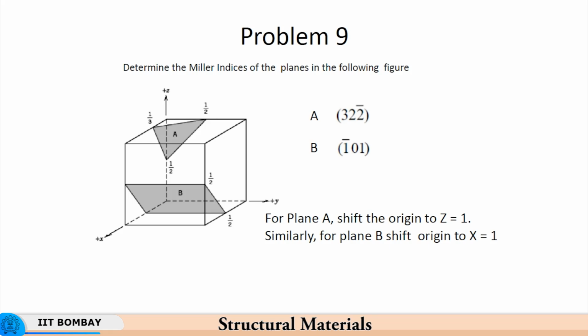So this bar 1 0 1 will be exactly parallel to plane B. But instead of saying it is minus half 0 1, or 0 1 half, we say that it is bar 1 0 1. So the indices are given in integer form. It is very important that the Miller indices are given in integer form.